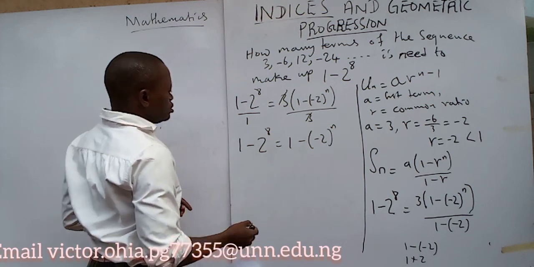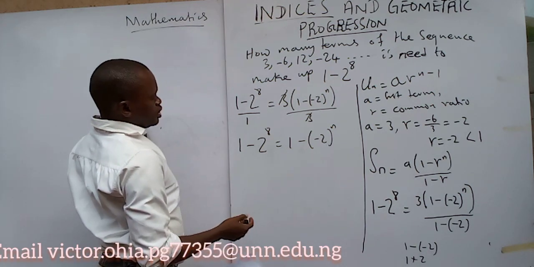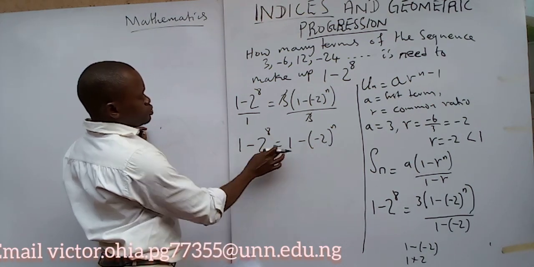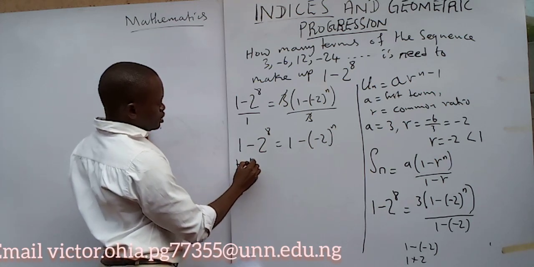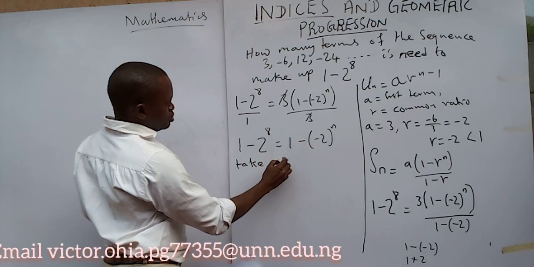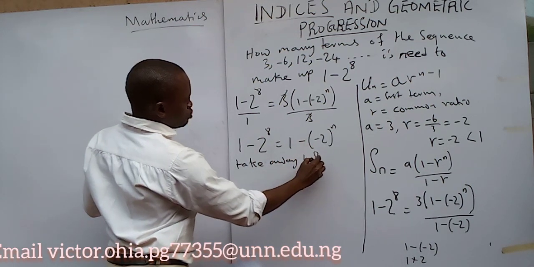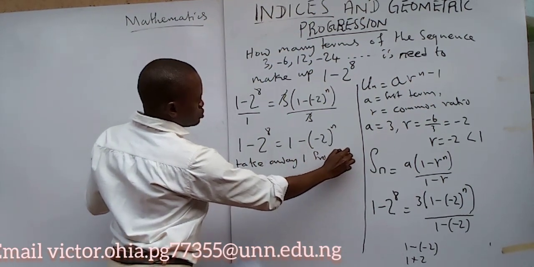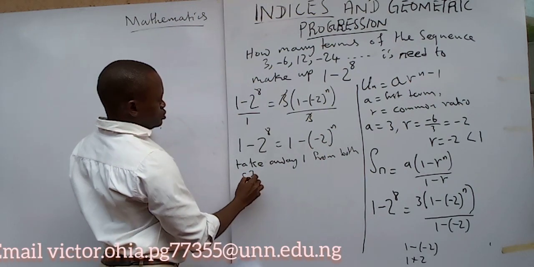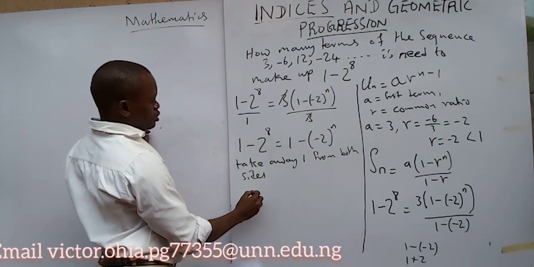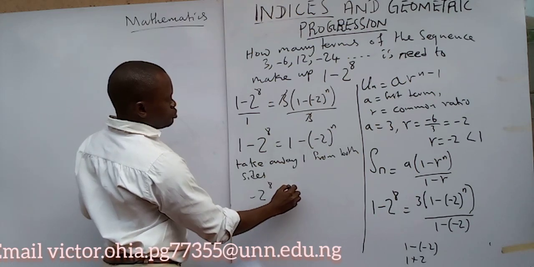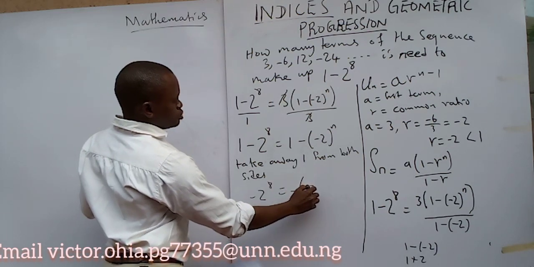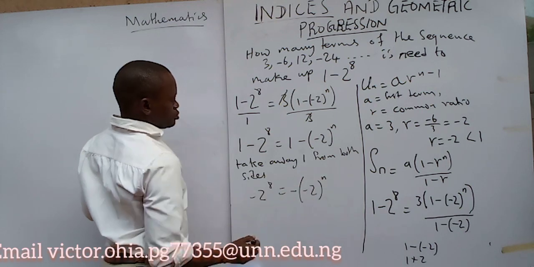All right. So what again? We can remove 1 from both sides so that this will go. So take away 1 from both sides. You can now have minus 2 to the power 8 left equals minus into minus 2 raised to power n.